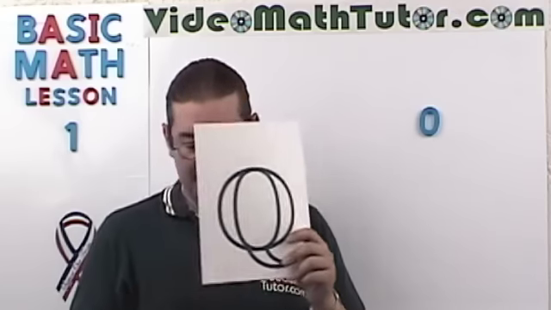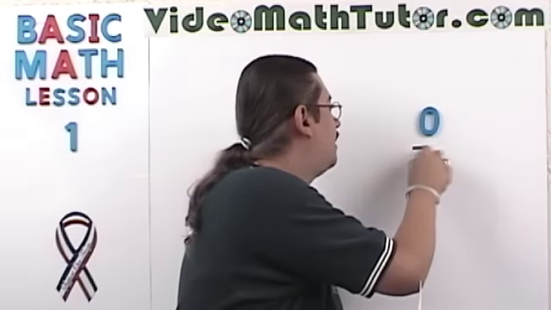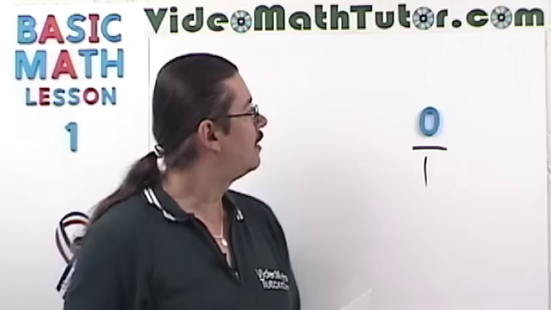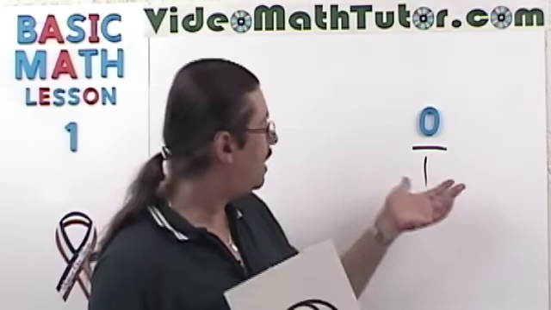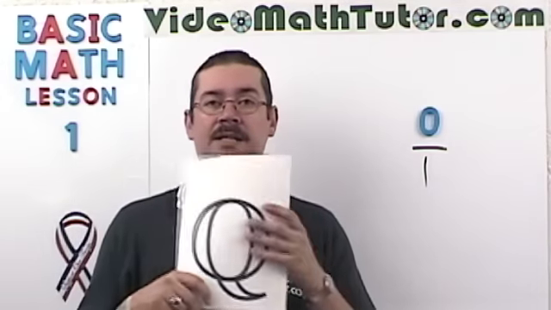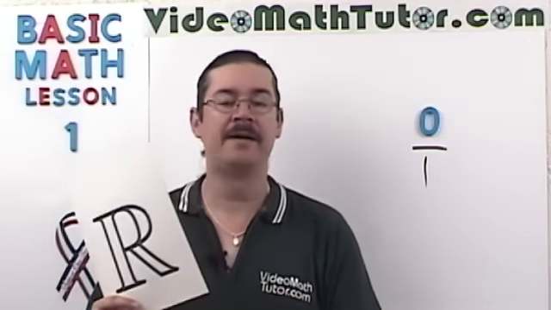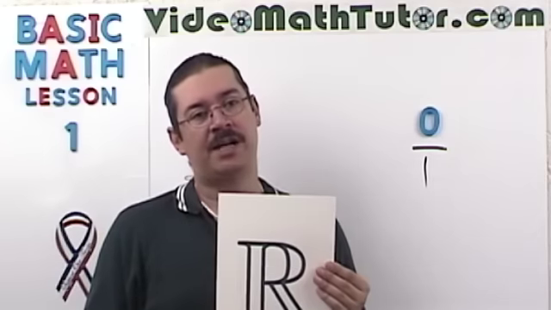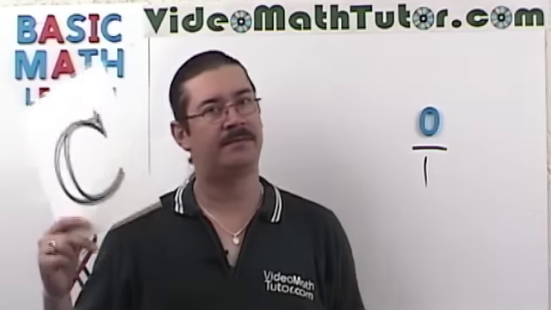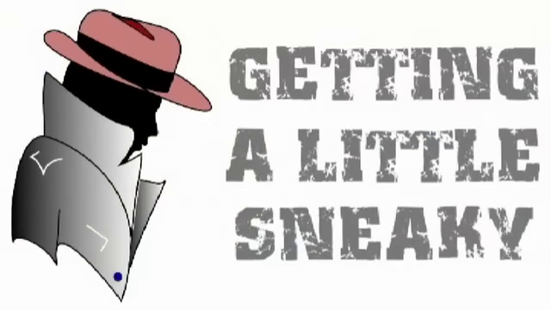Is it a rational number? Yes, it is, because again, I can divide by 1. It seems kind of strange, but yeah, I can do that with 0. So it is a rational number. Of course, since it's rational, it is not irrational. And because it's rational, it's also real.